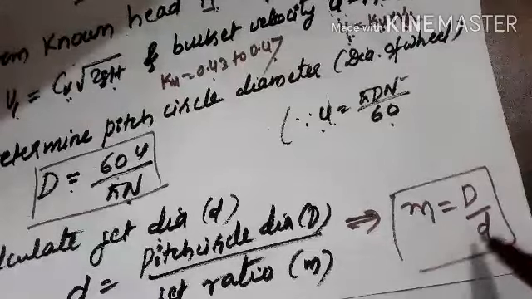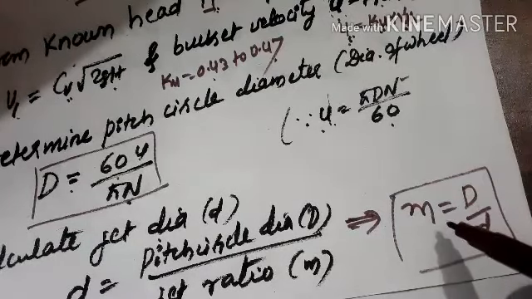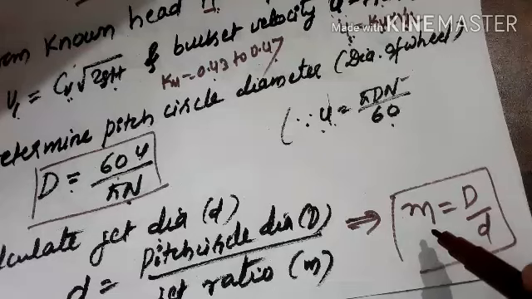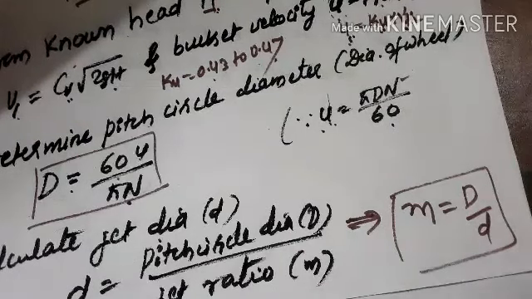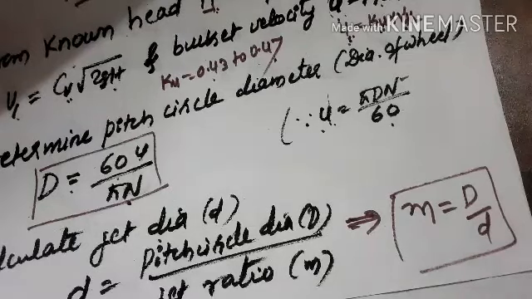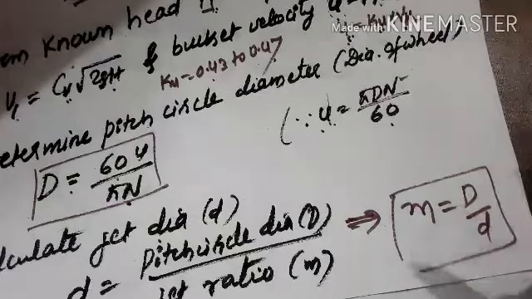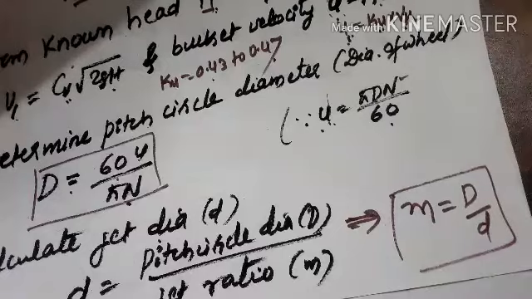From this we can easily get the diameter of jet. Generally, for maximum efficiency, this ratio will be between 11 to 14.